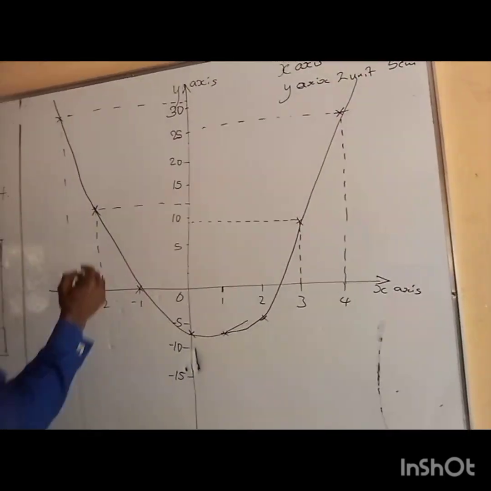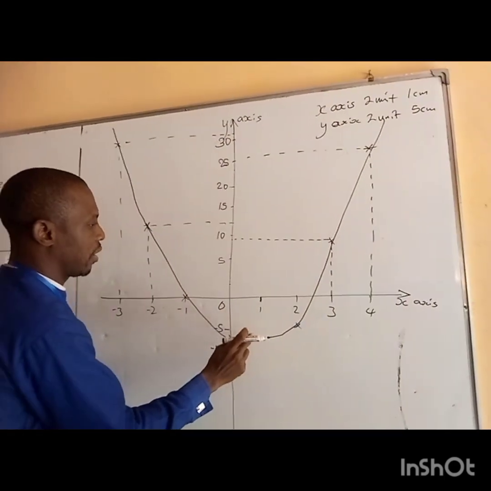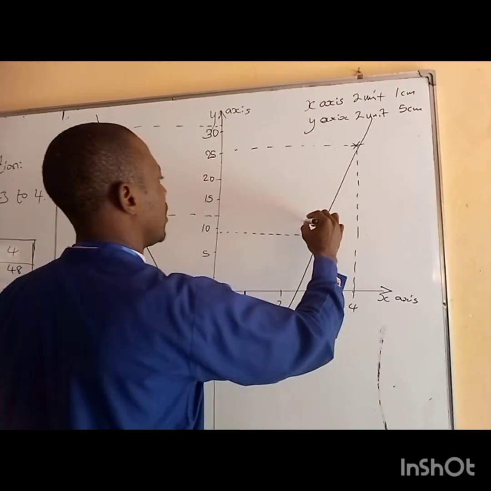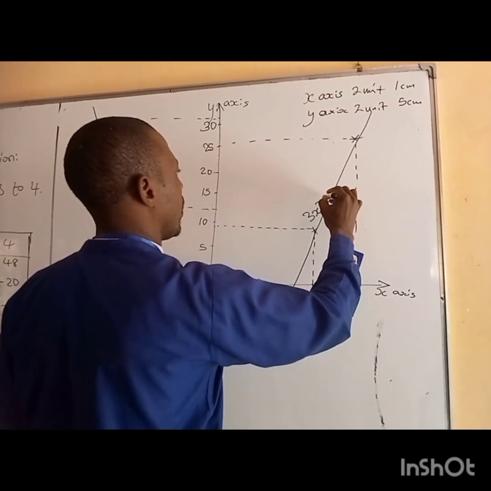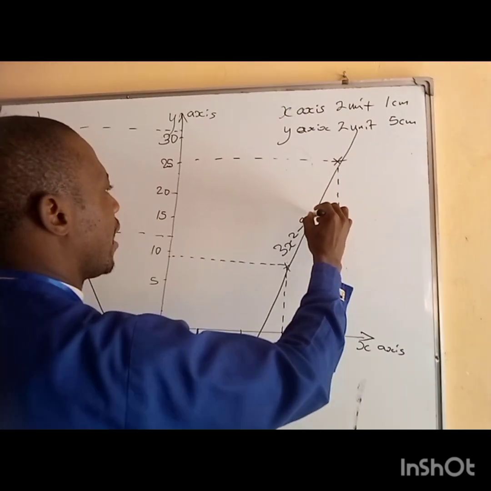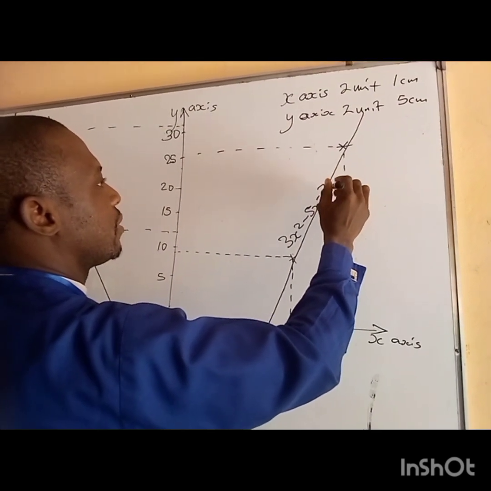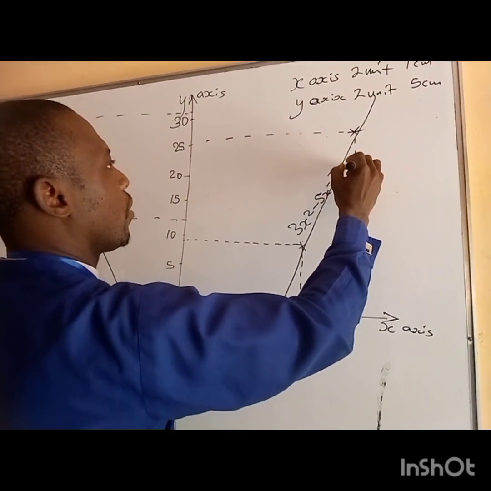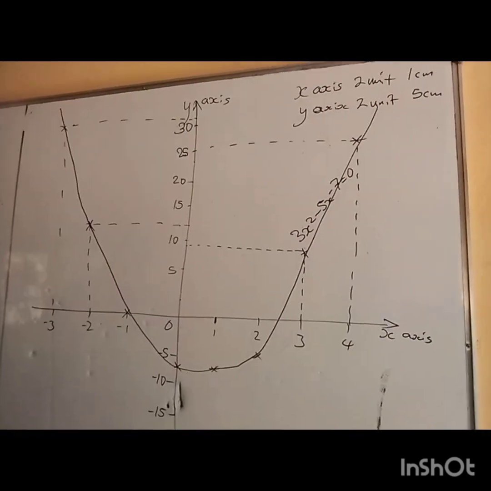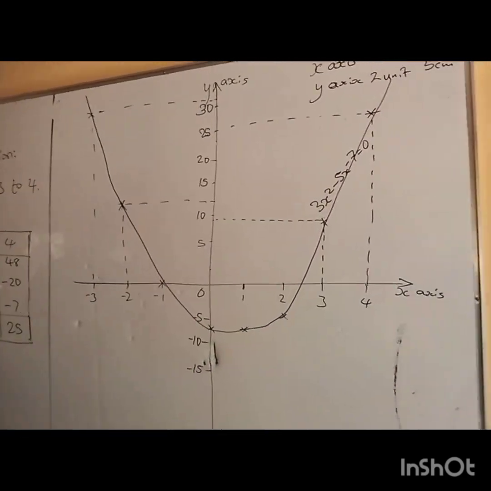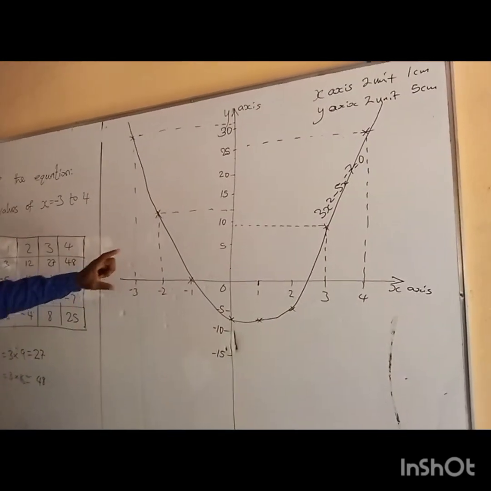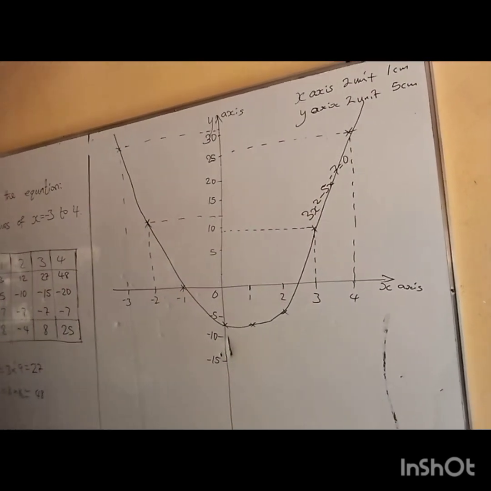So this is how the quadratic graph will look, the curved graph. The equation is 3x squared minus 5x minus 7 equals 0. This is how the graph for this equation looks.